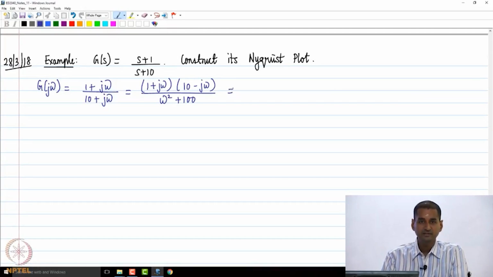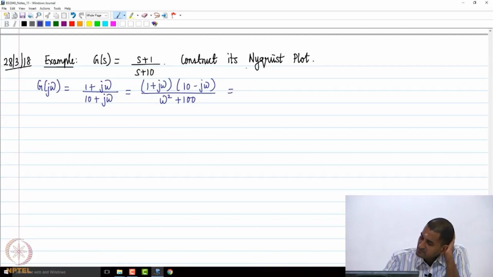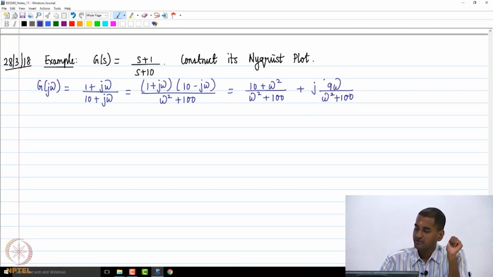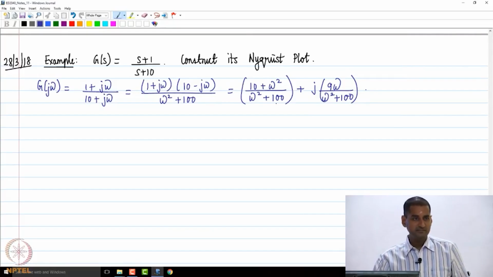If I now multiply and simplify this, in the numerator I will get 10 plus omega square divided by omega square plus 100, and the imaginary part will be j times 9 omega divided by omega square plus 100, right? So that's what we will have, correct?